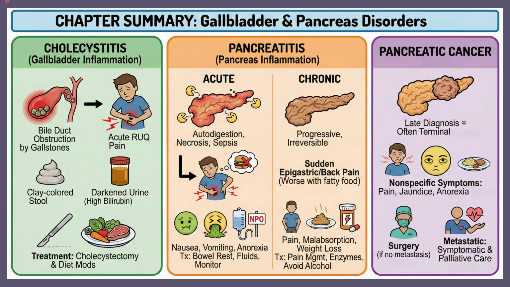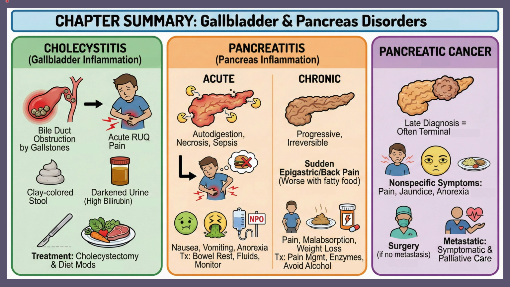Furthermore, the direct correlation between pancreatic pathophysiology, fat necrosis, and systemic manifestation like hypocalcemia, evidenced by chest and torso signs, illustrates the importance of understanding interconnected physiological processes for accurate assessment and timely management.